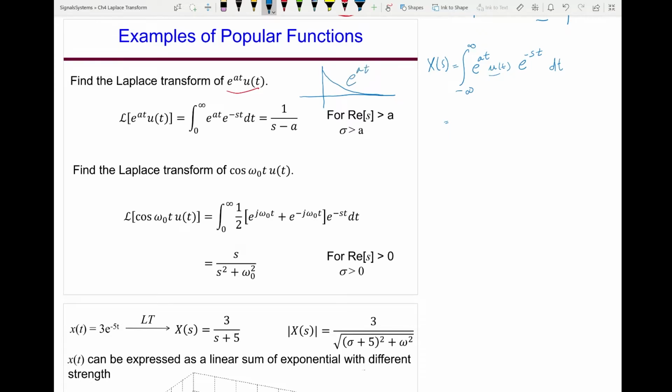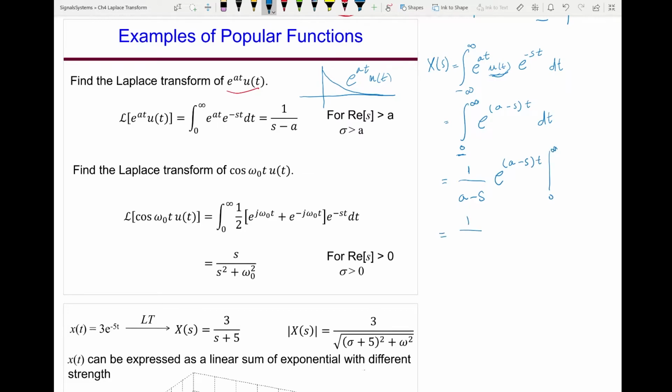Here I'm assuming a is a negative value. So that's 0 to infinity of e to the a minus s t dt. u of t is just 1 in this region. And the integral will be 1 over a minus s times e to the a minus s t from 0 to infinity.